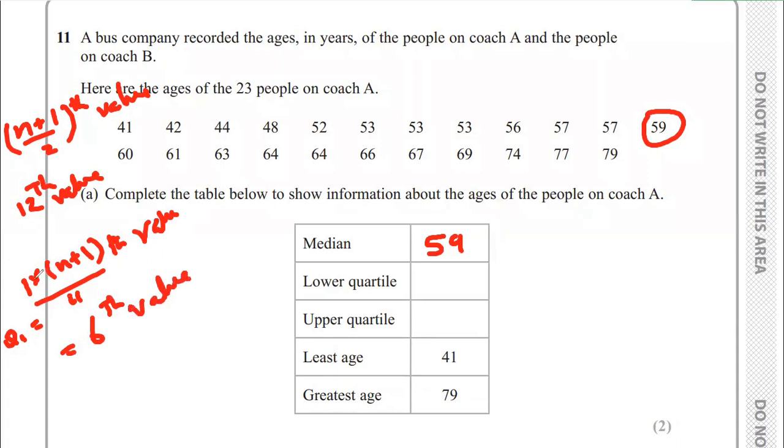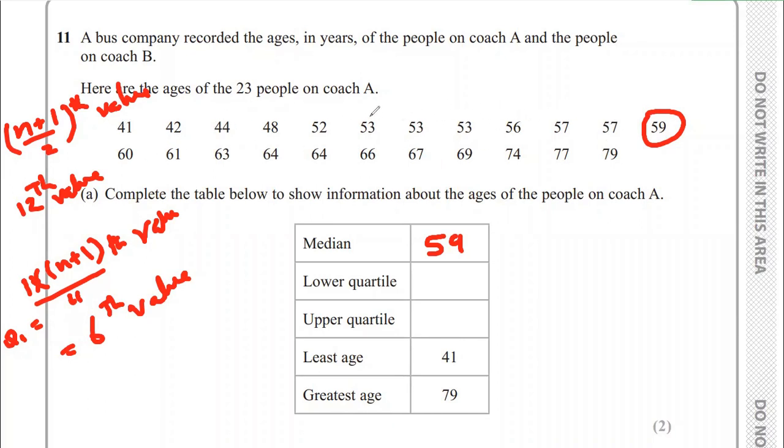And then of course for the upper quartile, you can do 3 times n plus 1 and then divided by 4. But the easier way would be, if you look at all of the values below the median, the middle value will be the quartile. So there are 11 values before this and 11 after this.